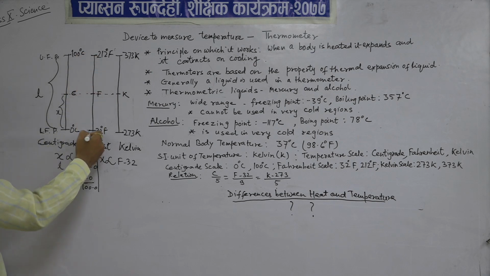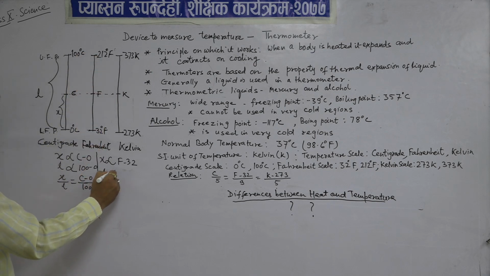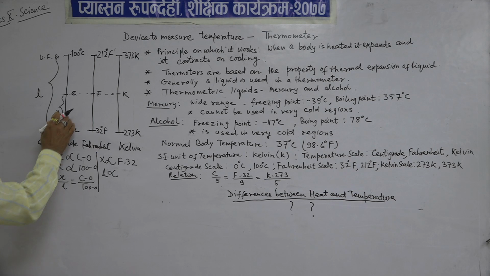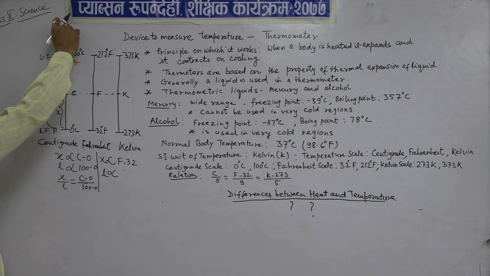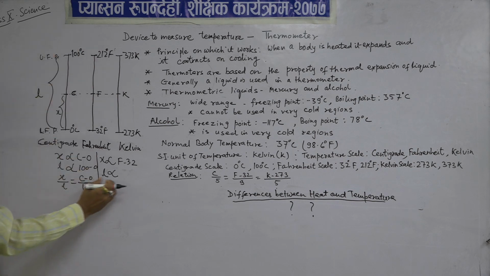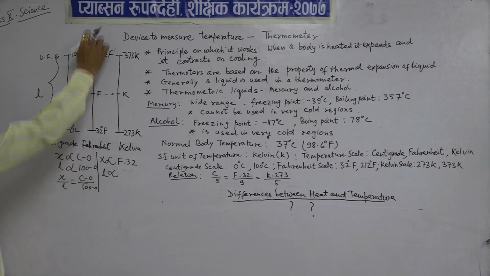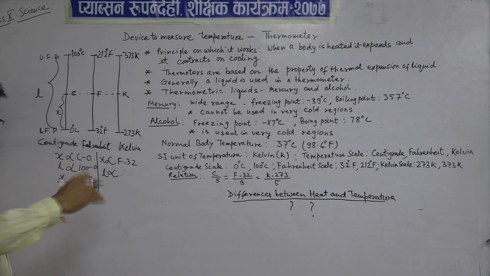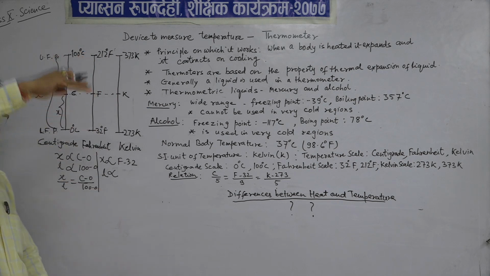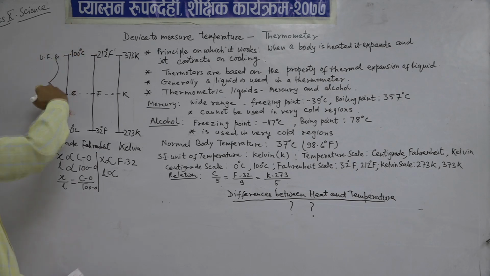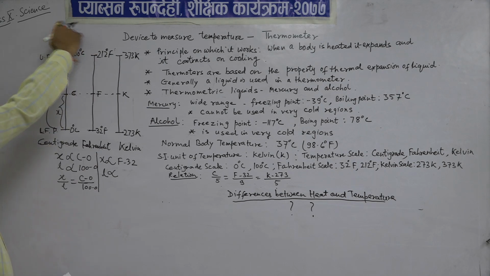And in this case L is also the same. Instead of from here to here, you can take L up to here also. That's why here also we have to write proportion. I mean the upper fixed point could be changed, so this point may come here also.